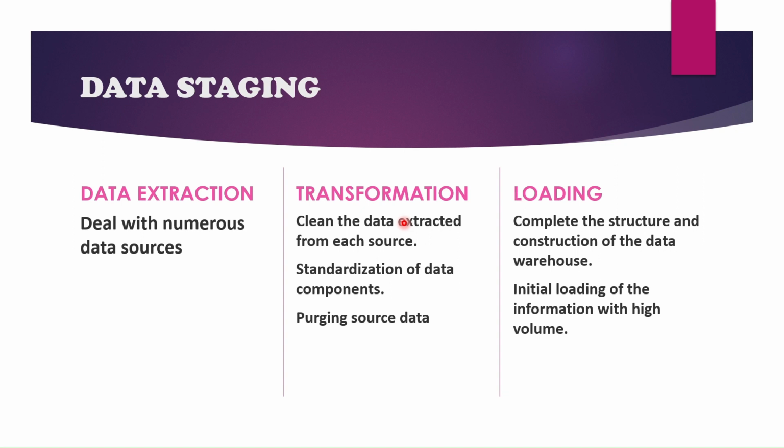Then the data comes into a standardized format. Then purging the data sources: purging is nothing but, if particular data is not needed for a long duration, then the data is removed from the stage, and that is called purging. And it will be moved to loading the data.